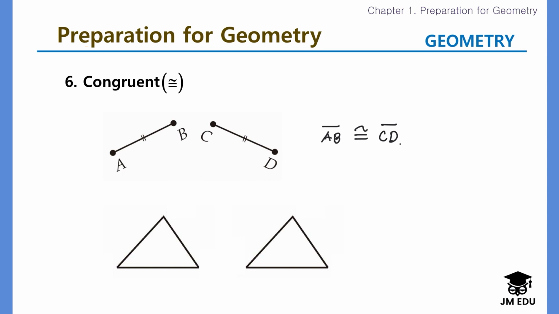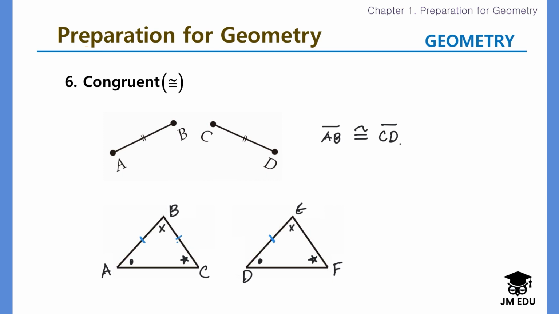Okay, another example. Let's say we have these 2 triangles. This is triangle ABC, and this is triangle DEF. Angle A is equal to angle D, angle B is equal to angle E, and let's say angle C is equal to angle F. And when we compare the sides, side AB is equal to DE.